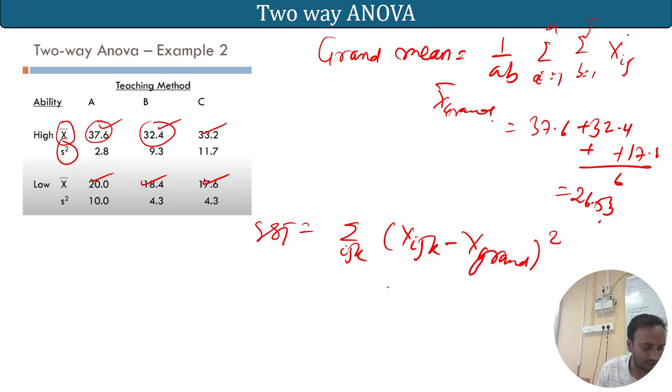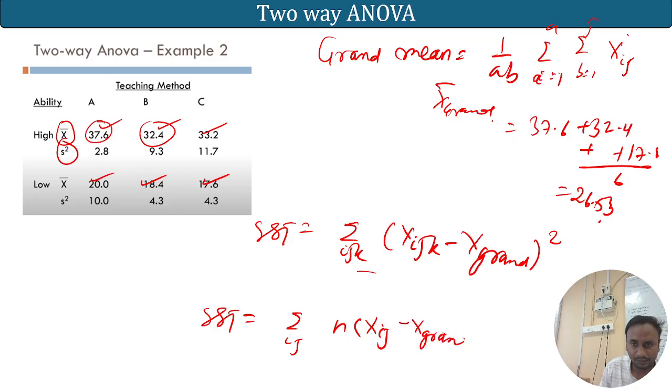The question is how we calculate this in the full case. We'll be able to do SST equal to summation of ij, n into (x bar ij minus x grand) square, plus summation of ij, (n minus 1) Sij whole square.